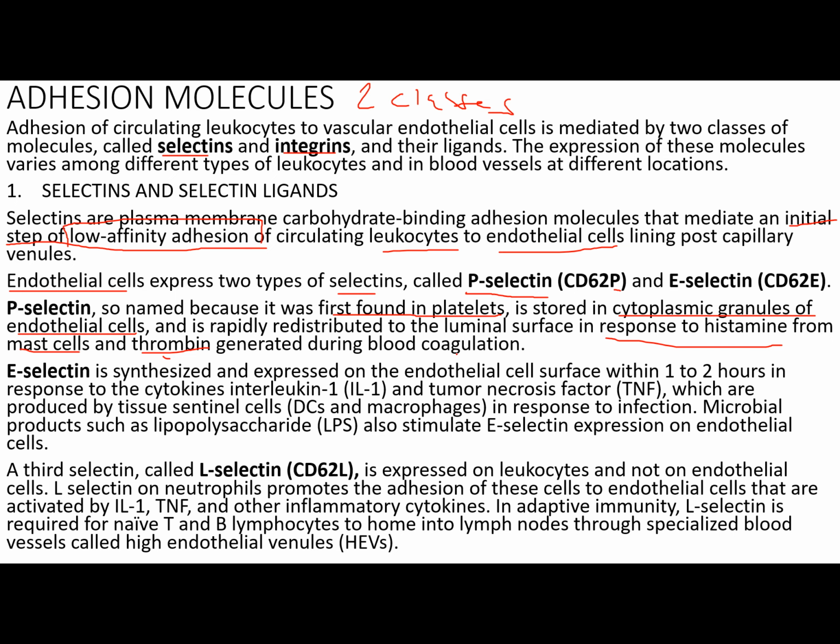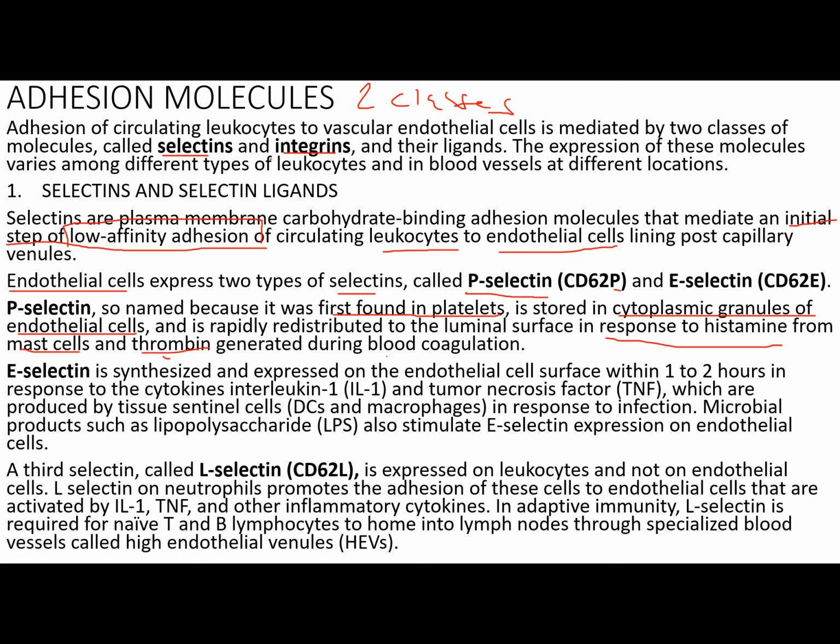So let me repeat, class, P-selectin was named so because it was first seen in platelets. It is stored in the cytoplasmic granule of endothelial cell and would only come out or redistribute in response to histamine from mast cells and thrombin generated during blood coagulation.